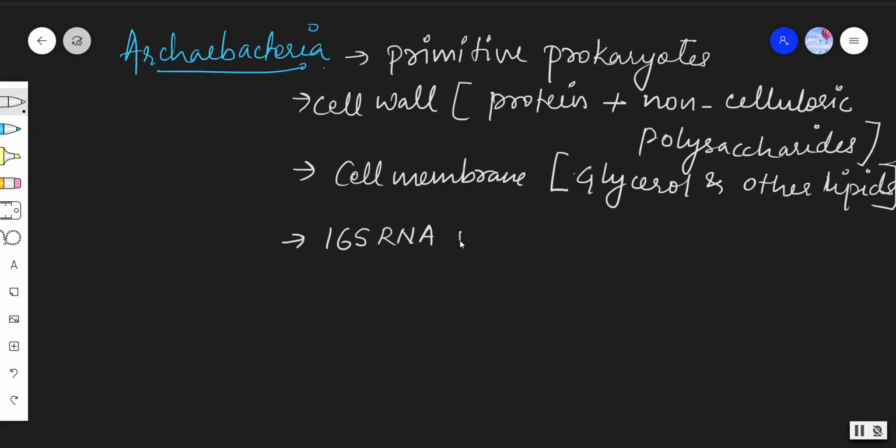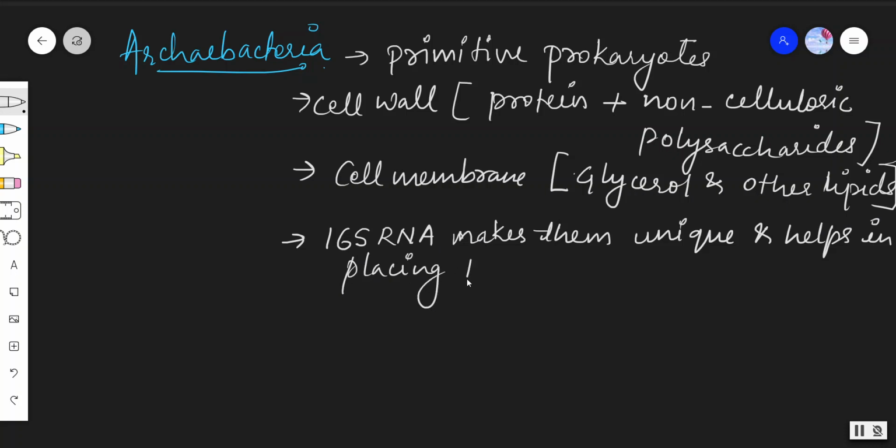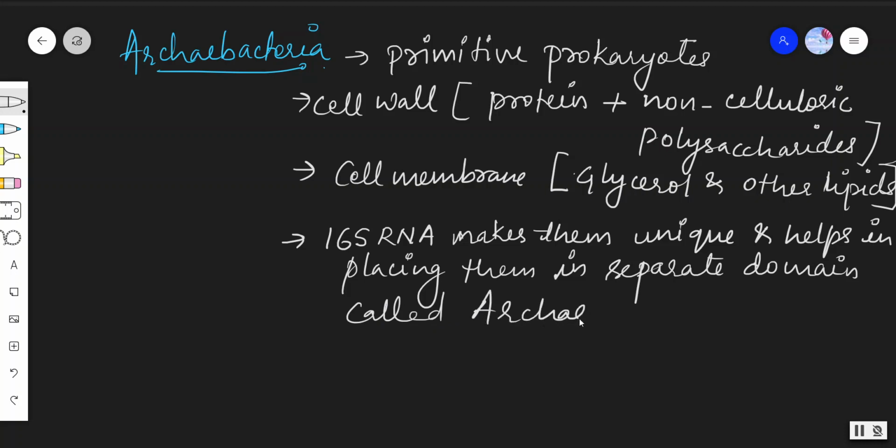Okay, 16S RNA makes them unique and helps in placing them in a separate domain called archaea. Okay, 16S RNA. Clear?